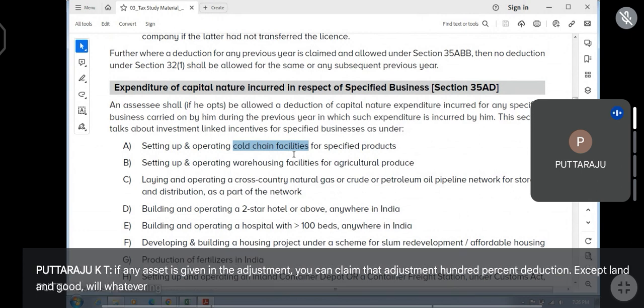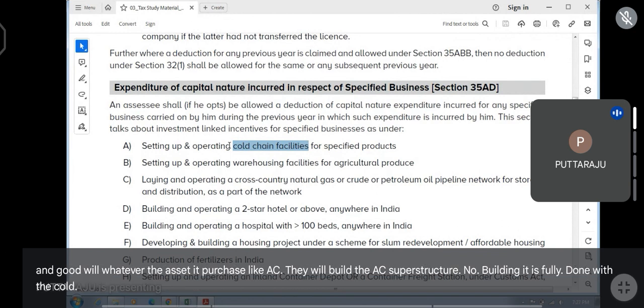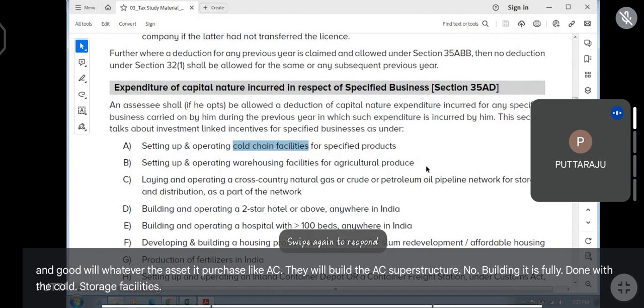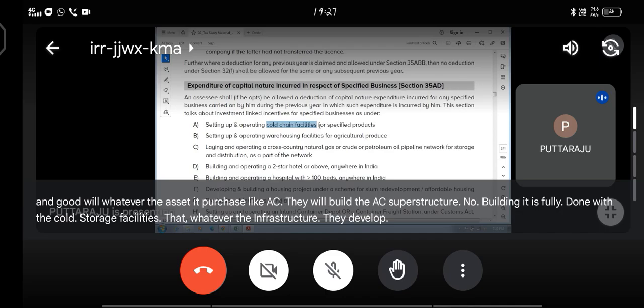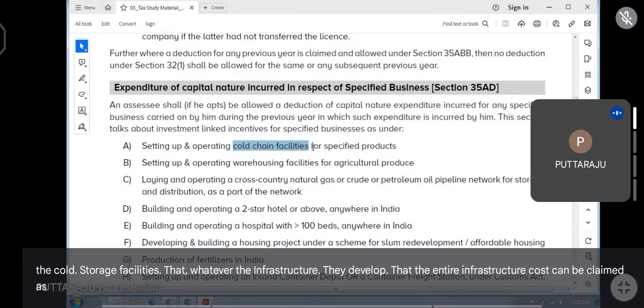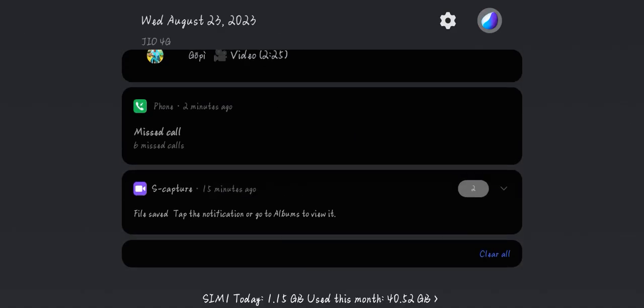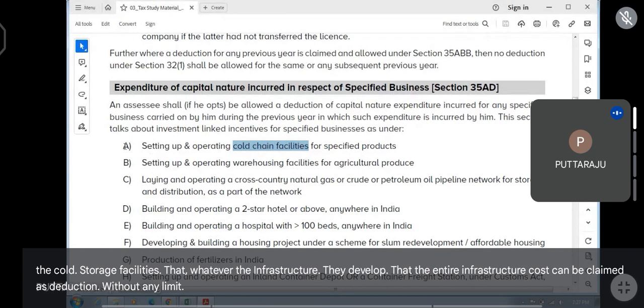Whatever asset it purchases, like AC, they will build the AC superstructure, no? Building, it is fully done with the cold storage facilities. Whatever infrastructure they develop, the entire infrastructure cost can be claimed as deduction without any limit. You need to remember this.